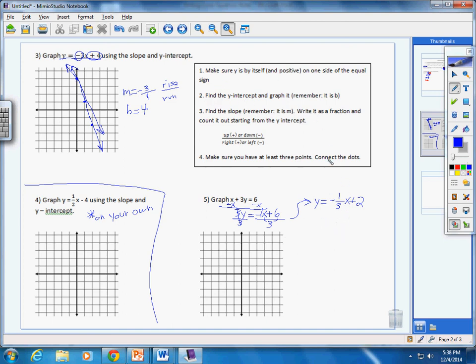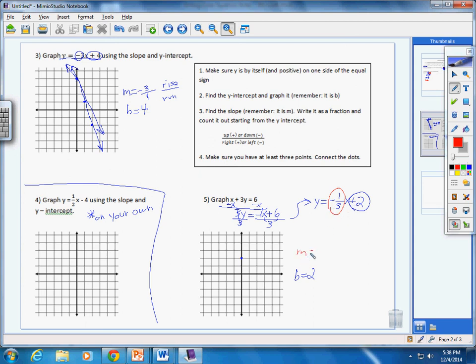Step 2 says find the y-intercept and graph it. Well, you know full well that your y-intercept is this guy right here. Since our equation is in slope-intercept form, our y-intercept is positive 2. Let's graph it. There it is. Then we're going to find our slope, which you know it's the number right before x.